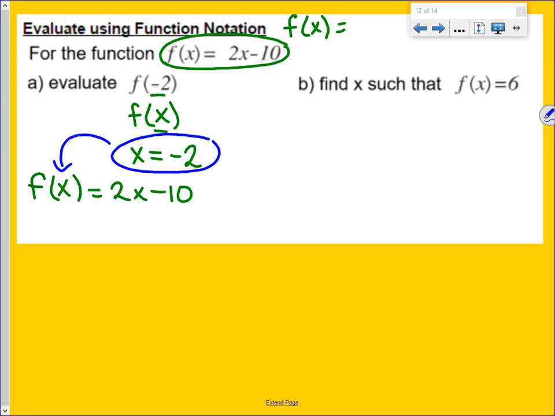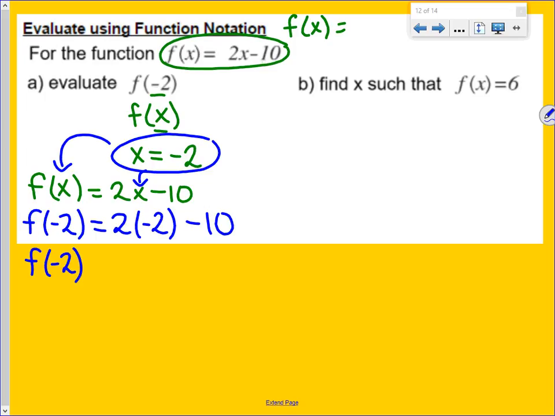So we have f of negative 2 equals 2 times negative 2. We put that negative 2 in for x, minus 10. F of negative 2 equals 2 times negative 2 is negative 4, minus 10. Keep simplifying it, and we get negative 4 minus 10 equals negative 14.